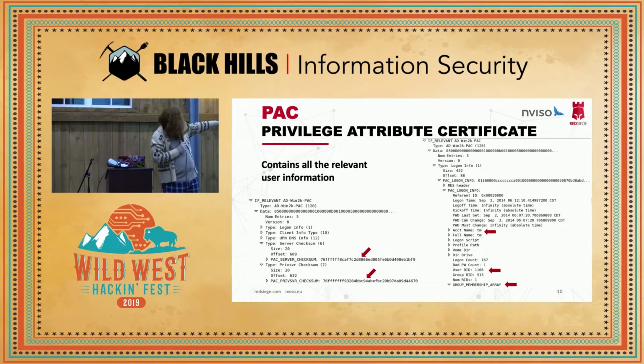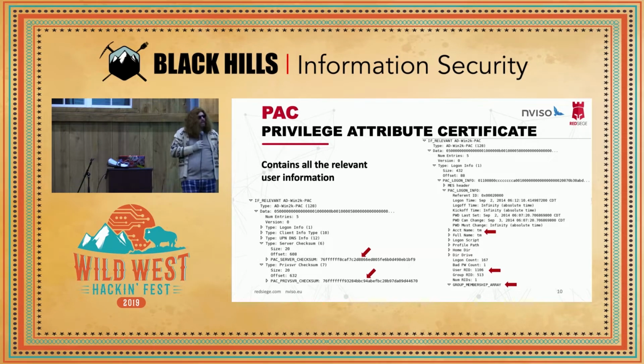Additionally, we're going to have an array of the groups that I'm a member of. So maybe I'm in regular users and IT and maybe a couple of other groups. And then the member server makes the decision on whether I have access and to what level based on this information, this PAC.